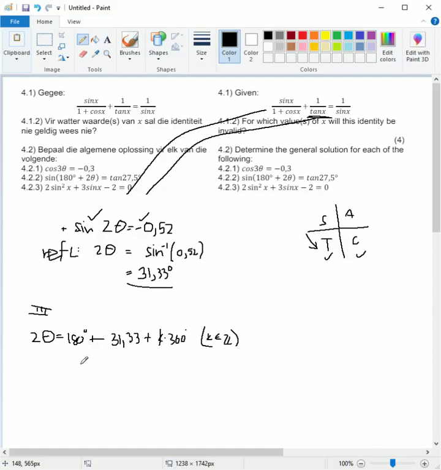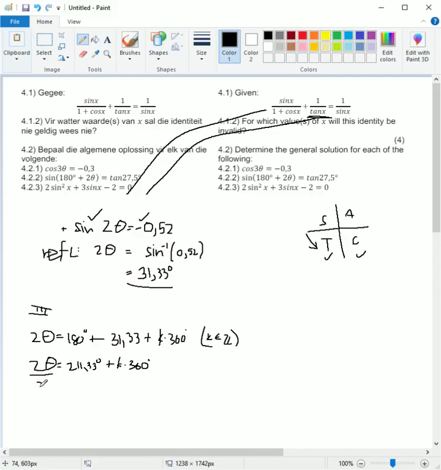180 plus your 31.33, that is going to give you 211.33 degrees plus k times 360. Okay, this is 2 theta. I did mention this in the previous video, but don't manipulate here. You're only going to manipulate once you're actually in your quadrants.